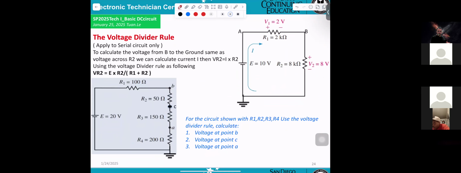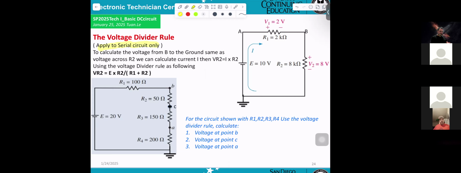Okay, the next one: voltage divider rules. They apply to series circuits only.